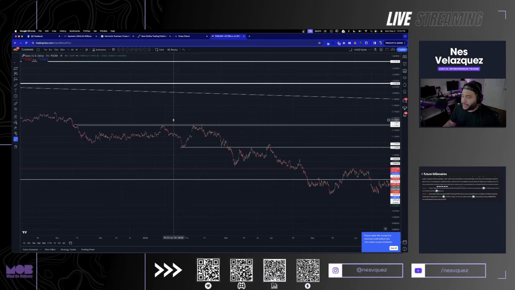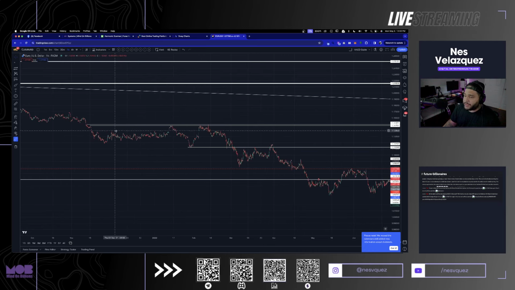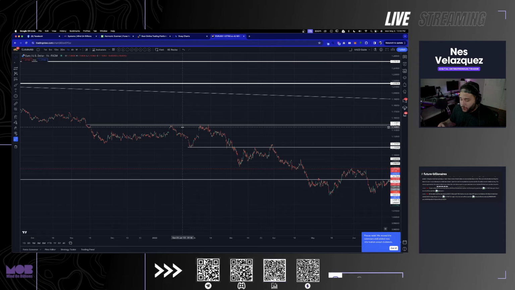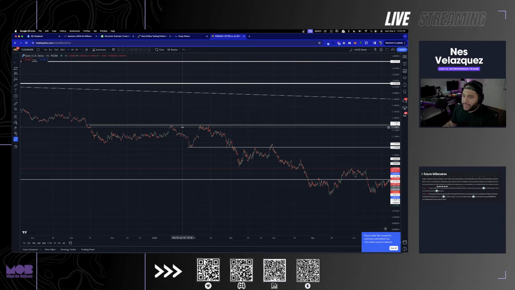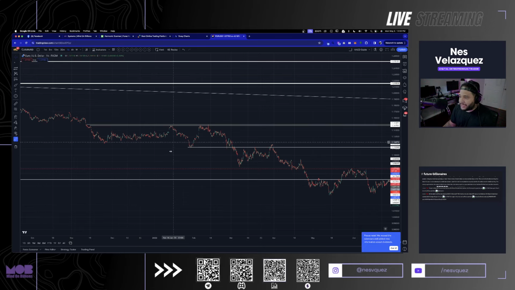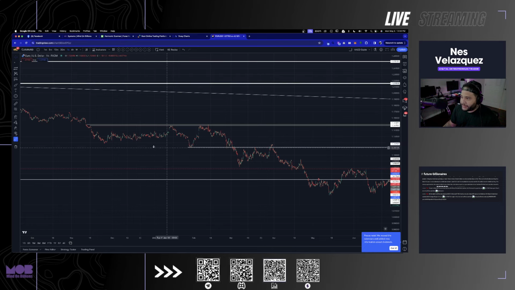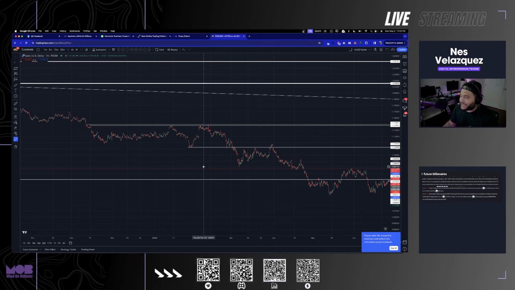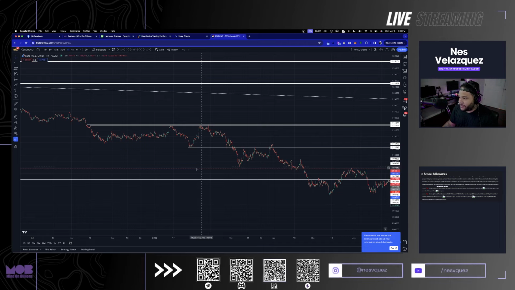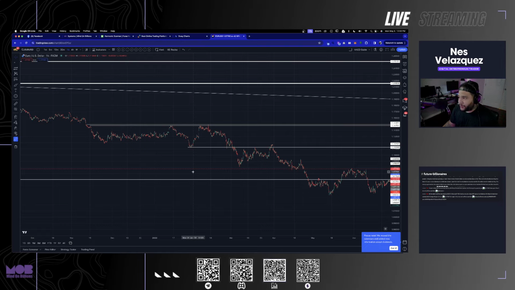Now, what is happening in moments of consolidation? Well, the market is finding balance before it makes its next move. The market is never going to be a flat, straight horizontal line in pricing. The market is going to continue to move because it is a floating exchange. It's a 24-hour market and it's never stopping.